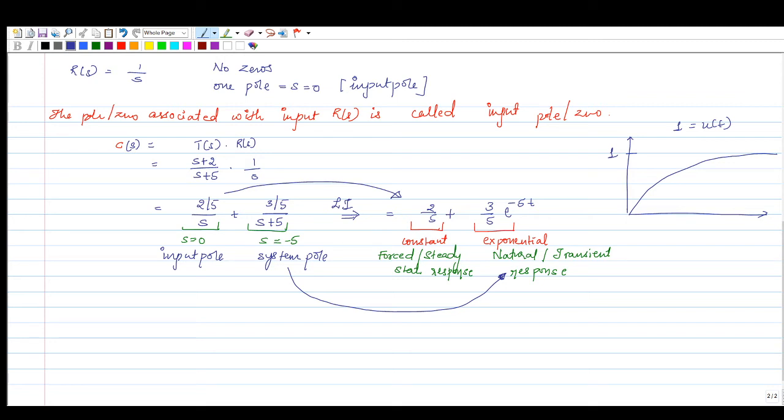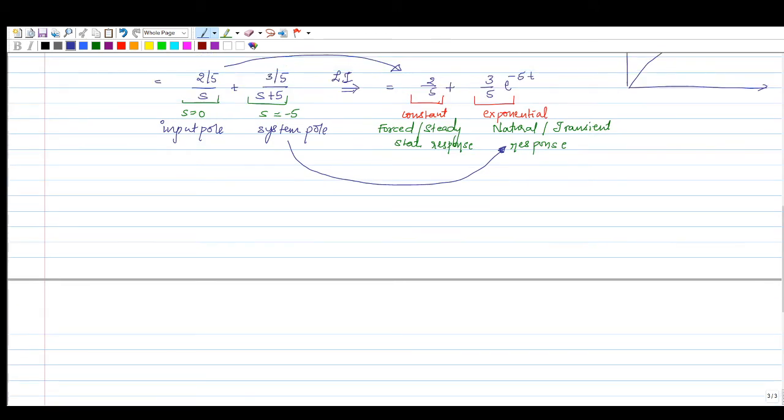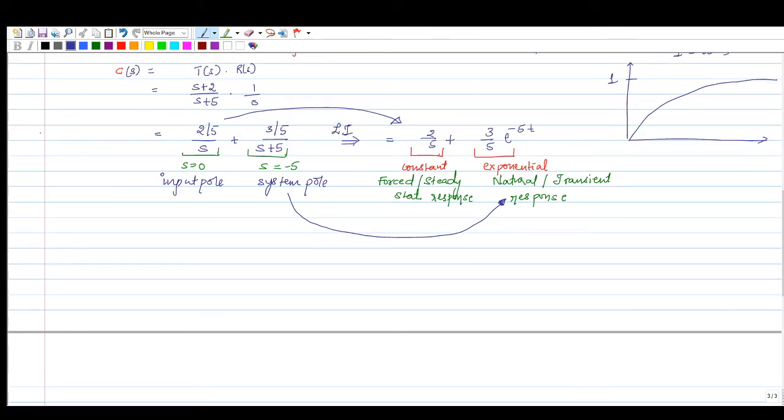So the inference from these two terms is, first, the input pole generates the steady state or forced response.